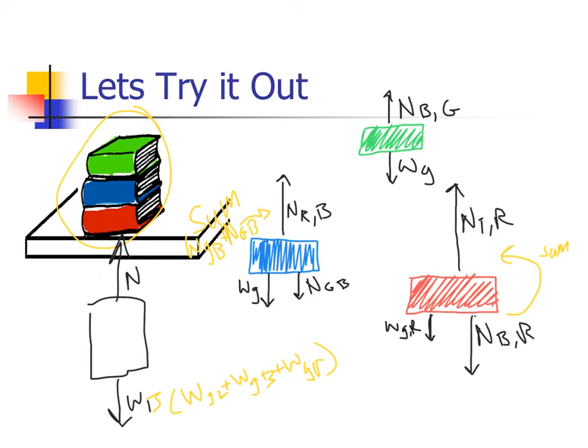Then the normal force will be equivalent to the normal force of the table on all of the books, or actually it should be the same normal force of the table on the red book, because it's on the bottom. So that's one way to also look at it.